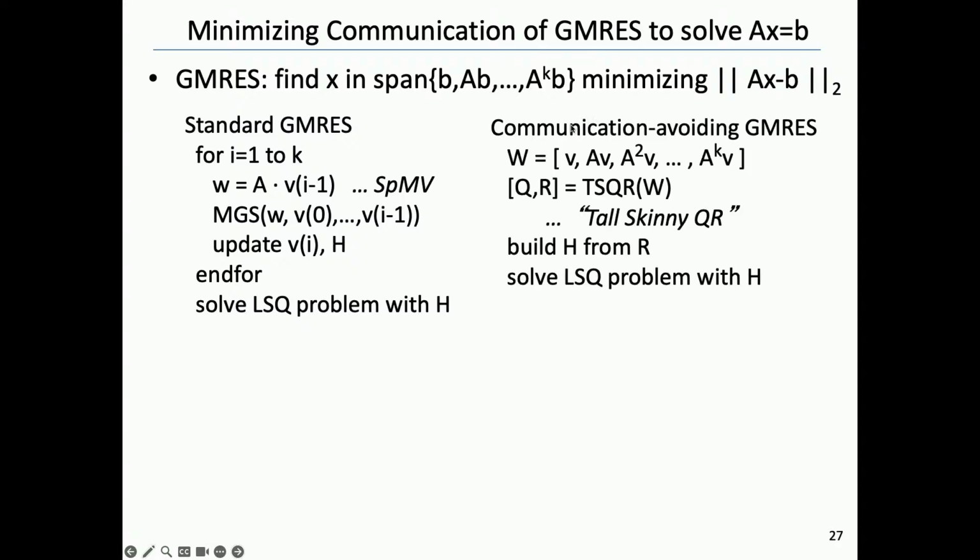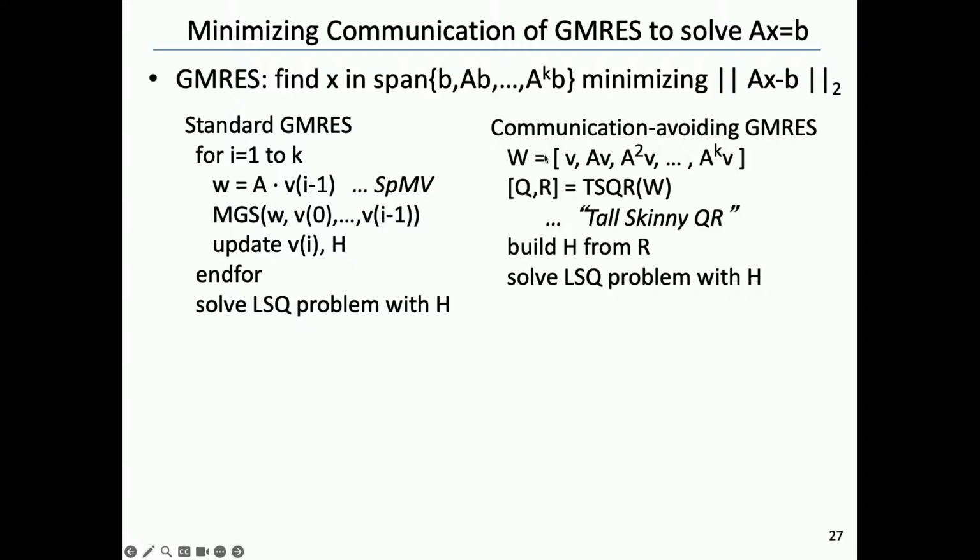So what's the new algorithm? In one step, I'm going to compute what is called the matrix powers kernel. I'm going to compute V, AV, A squared V, and so on, and I'm going to show you how to minimize the communication in there. That's going to give me a different basis for the same subspace that I had over here. I still need an orthogonal basis to run GMRES. So how do I get an orthogonal basis? I'll just run tall skinny QR, which I already told you about.